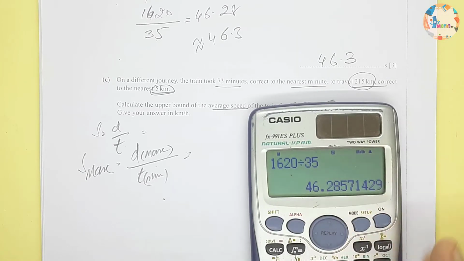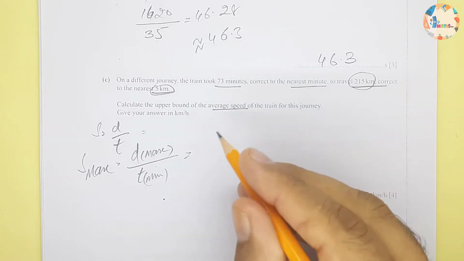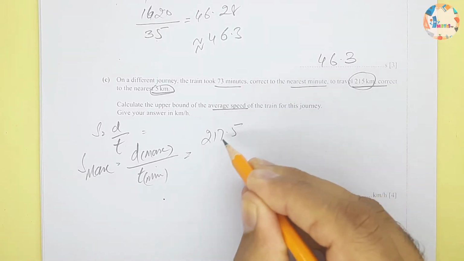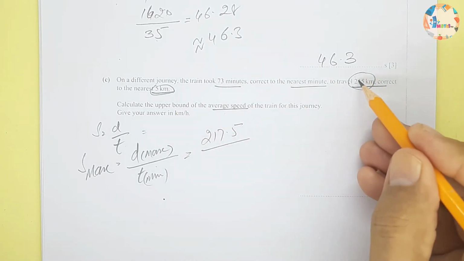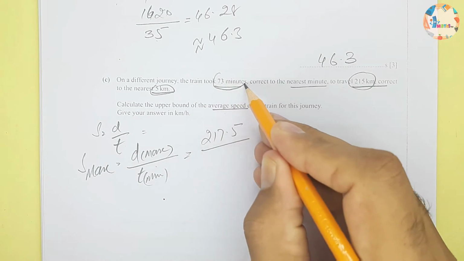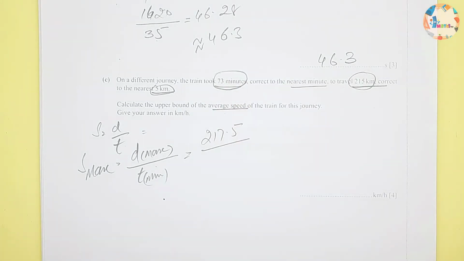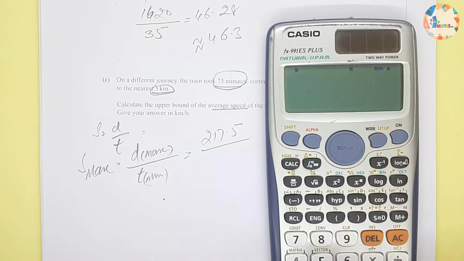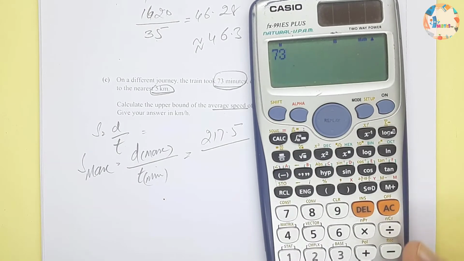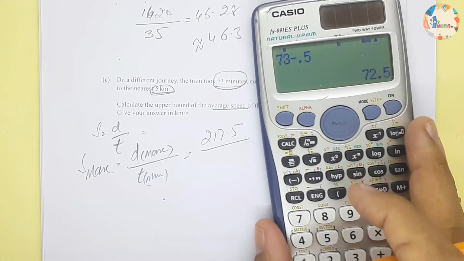So 215 plus 2.5 will give us 217.5. So 217.5 will be the distance, which is the upper bound of this one. Now time should be the lower bound. Lower bound time will be nearest minute, so half a minute: 73 minus 0.5 will be 72.5.